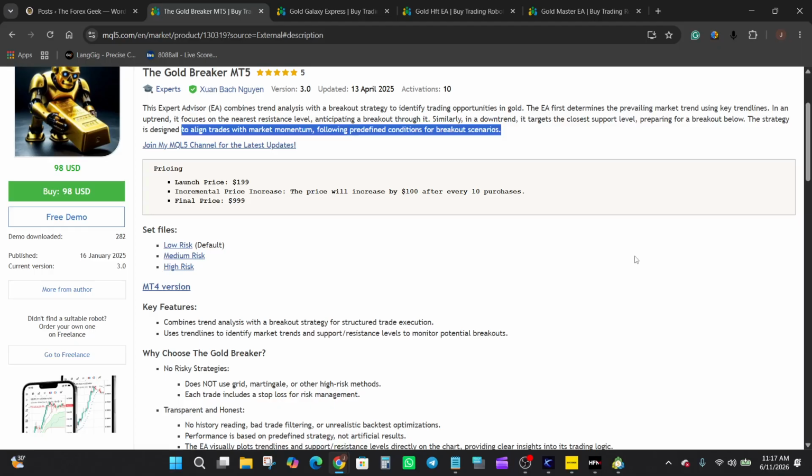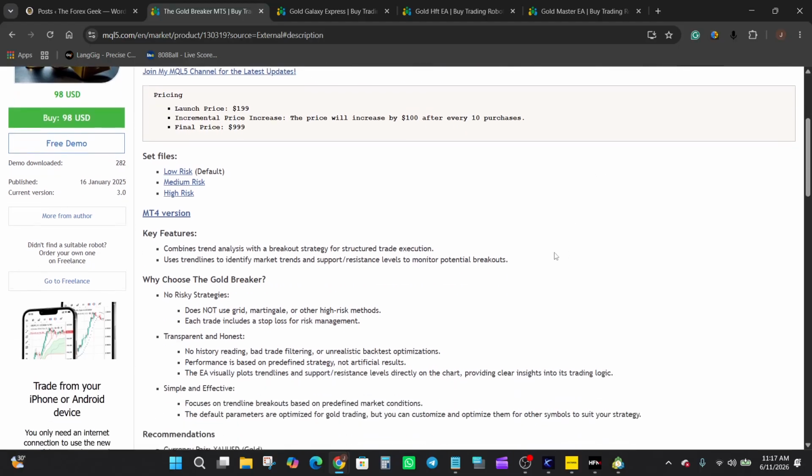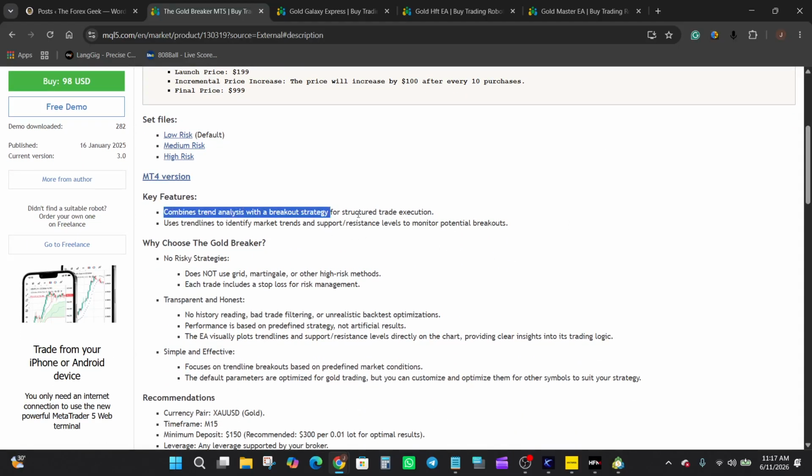From what I can see, it first identifies the market trend using trend lines, and uses support and resistance levels to monitor potential breakouts. So it focuses on key support and resistance levels to anticipate breakout opportunities in the direction of that trend.